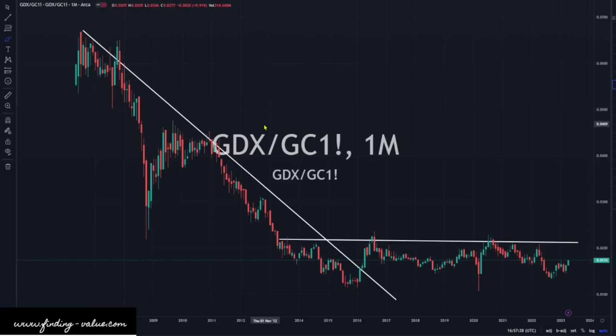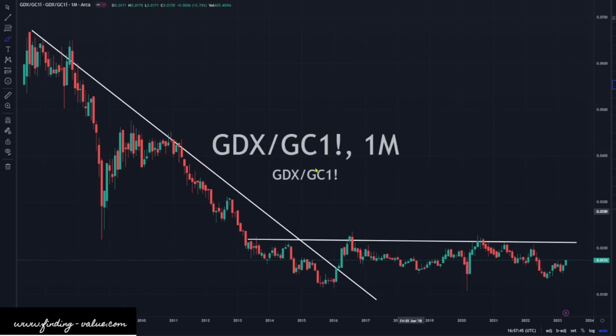We are also incredibly cheap for GDX in relationship to gold itself. So the ETF is cheap in relationship to the commodity, the commodity has broken out to the upside, and the TYX, TNX, and all of the yields are favorable for the market conditions for gold to do well in.